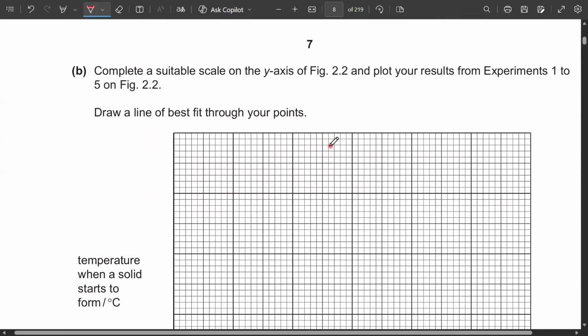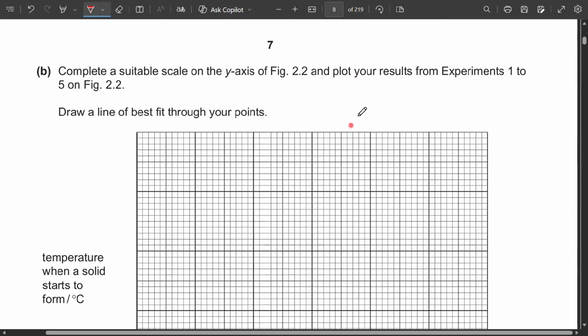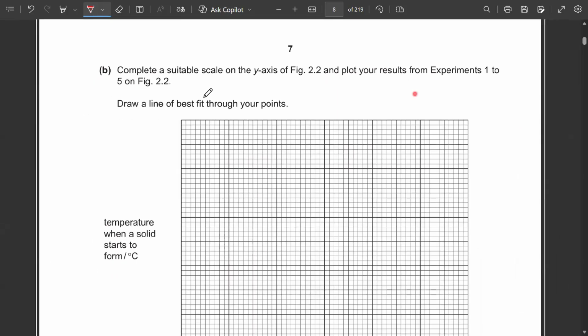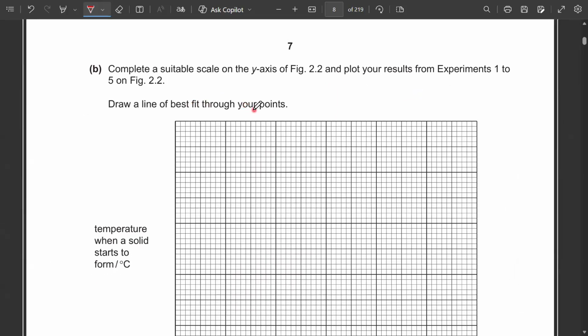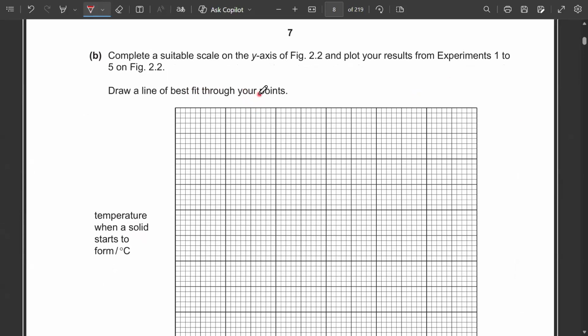Complete a suitable scale on the y-axis on figure 2.2 and plot your result from experiment 1 to 5 on the figure. Draw a line of best fit through your points. So students, you must be familiar that in your ATP you will be given these types of graph papers.